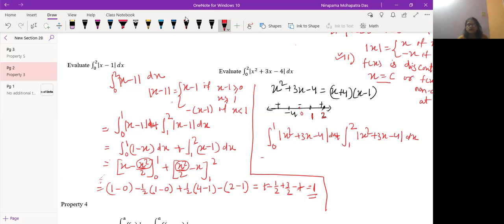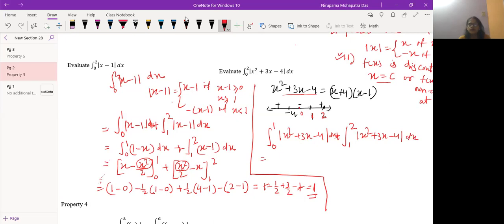Whenever you take a quadratic polynomial, it is just like finding critical points, just for the sake of comparison. This quadratic polynomial is 0 when x equals minus 4 and when x equals 1.